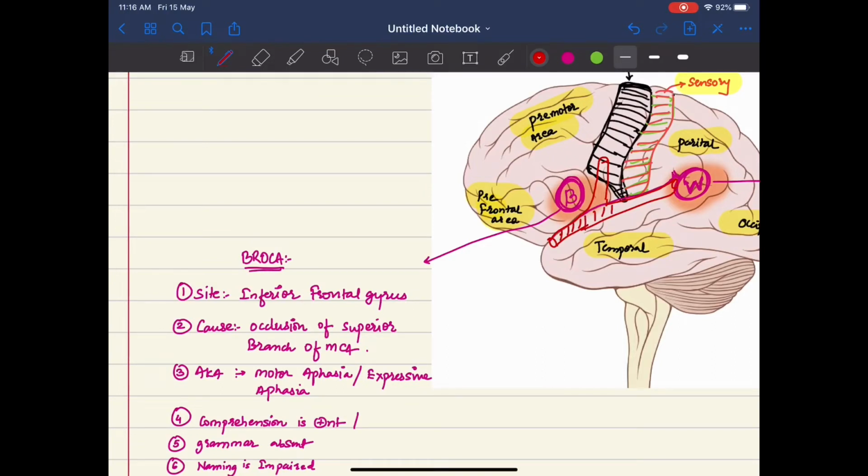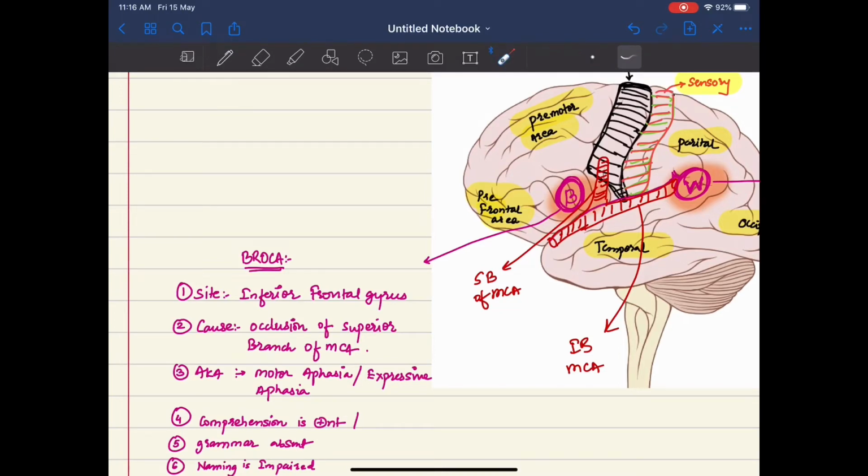So this is the superior branch of the middle cerebral artery, and this is the inferior branch of the middle cerebral artery. So please do remember this. This arterial supply is very much important.